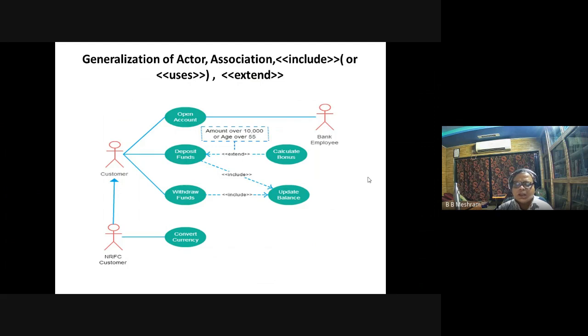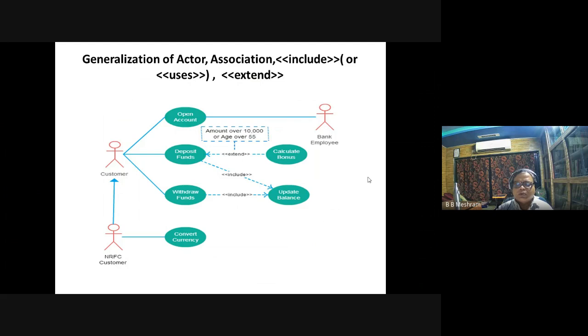Now, other name for include relationship is uses. So in include or uses relationship, the include use case is always executed. So whenever you have to execute the deposit funds use case, it will execute the update balance use case.